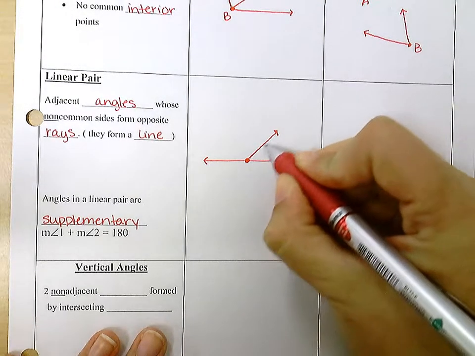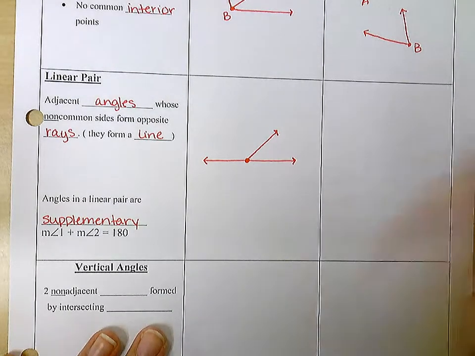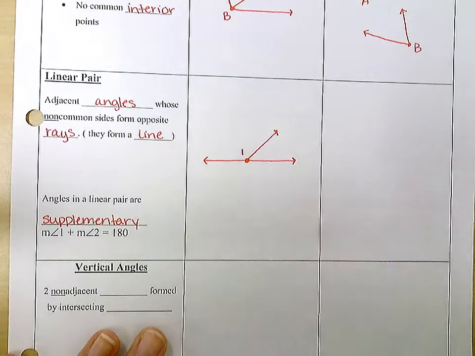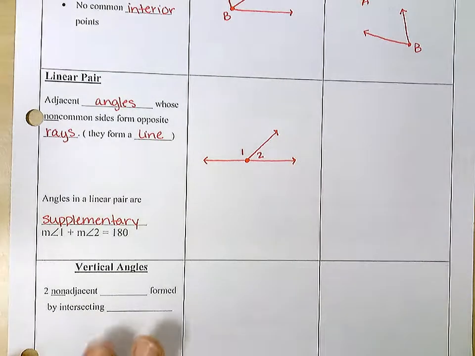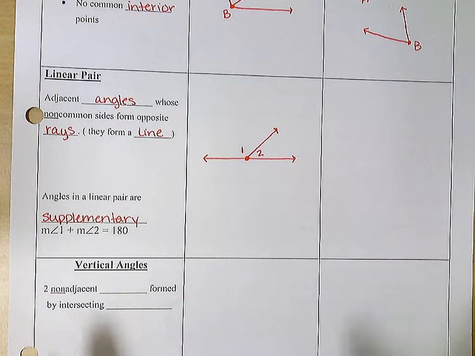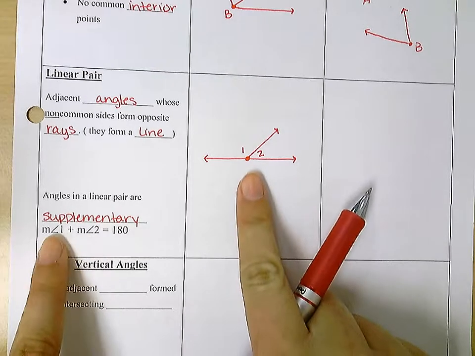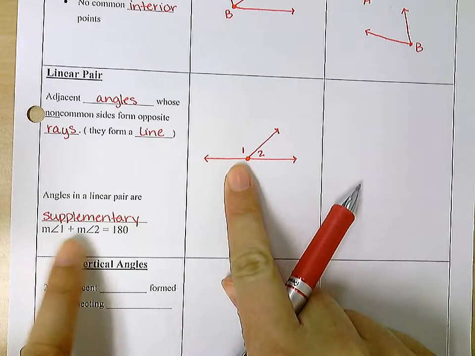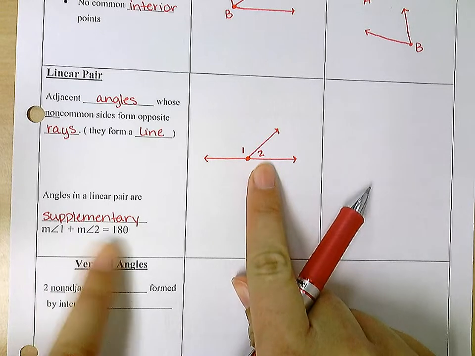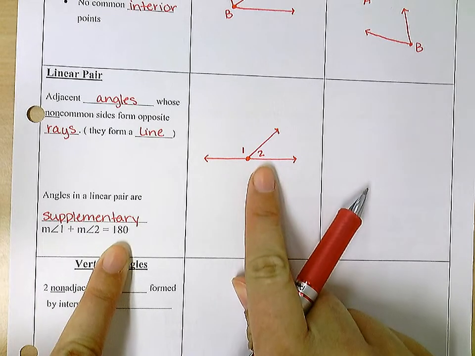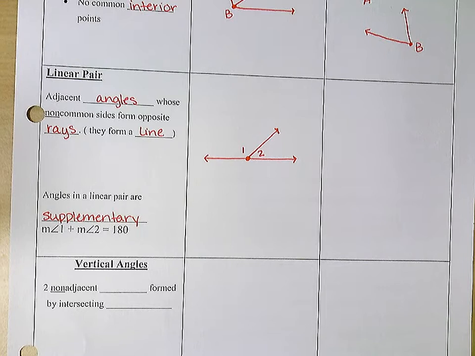Okay, they share this common ray right here. And I'm going to label this first angle 1, second angle 2. So here I can see if I take the measure of angle 1, add it to the measure of angle 2, I should get 180 degrees. Okay, so if you ever see those two adjacent angles forming a line, it is called a linear pair.